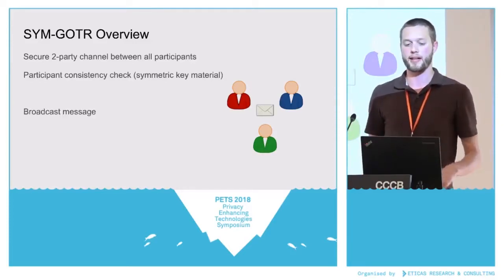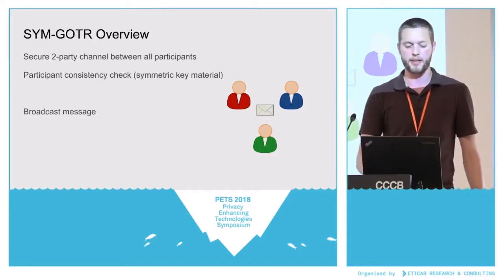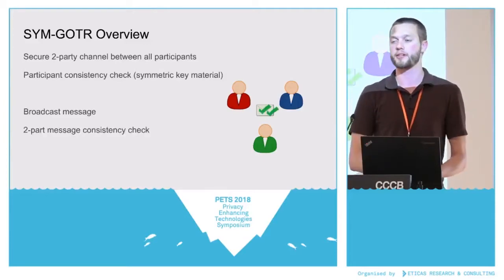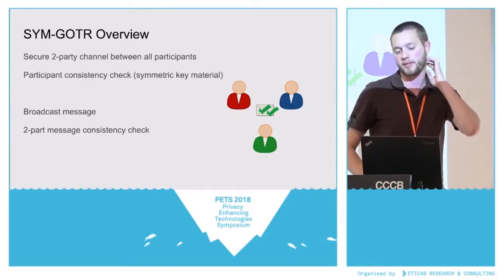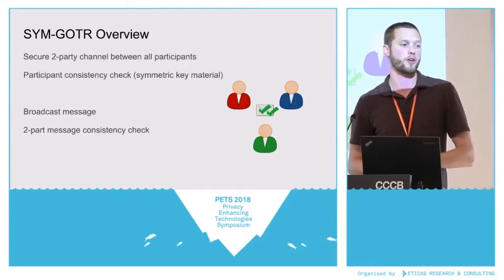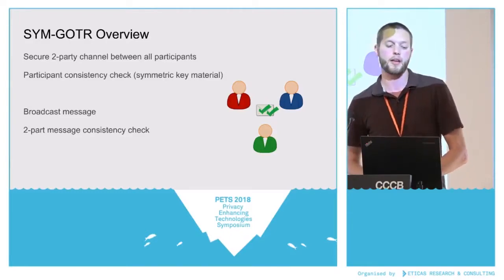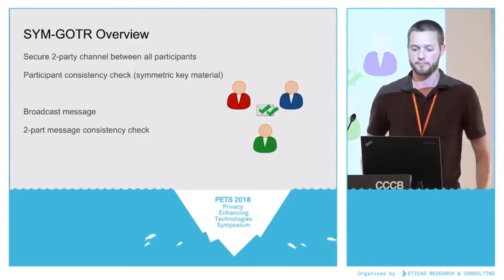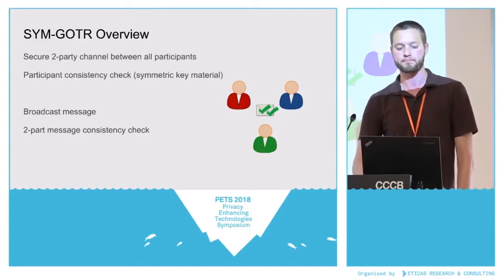Then when sending a broadcast message, they use that symmetric key material to encrypt it and send it along. And after every broadcast message, they perform a two-part consistency check before processing any more broadcast messages. The first part is to make sure all users have seen the message correctly and that it is authentic. And the second part is to identify any misbehaving users trying to cause inconsistencies in the transcript.